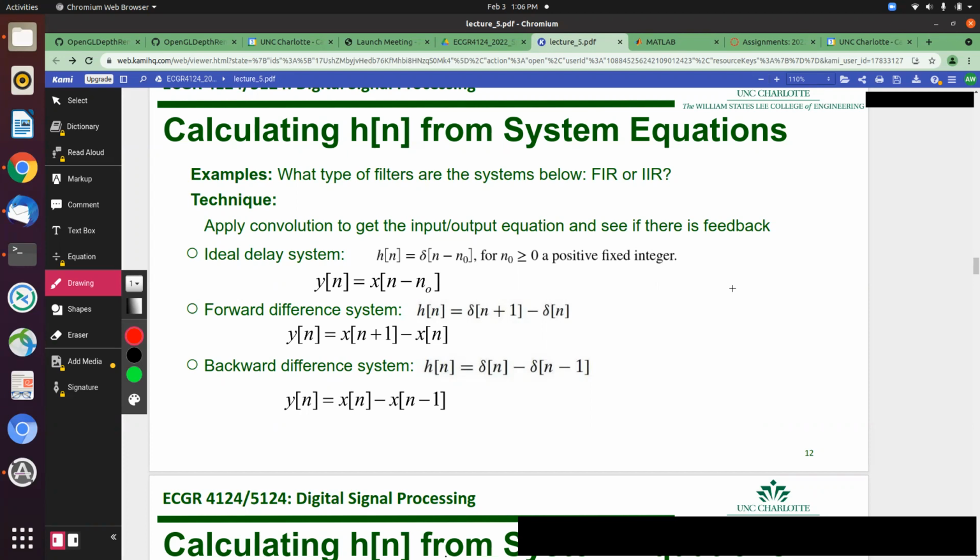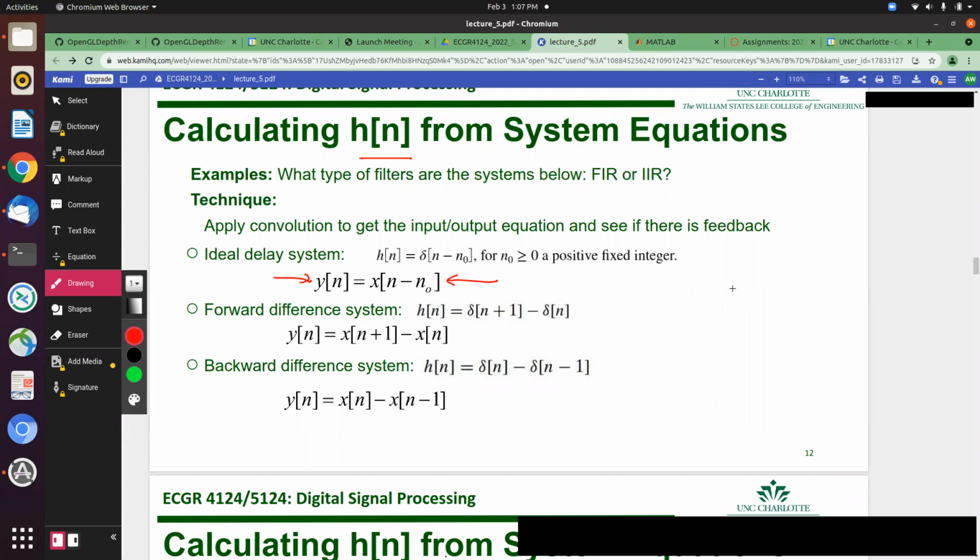Let's see, calculating h of n from system equations. Okay, so here's a system represented as a difference equation. It's just an equation that has y and x in it. And the question is, how do we get the system from it? When you have a relationship that relates y and x in this way, where there are no feedback terms at all, it's always going to be a finite impulse response.